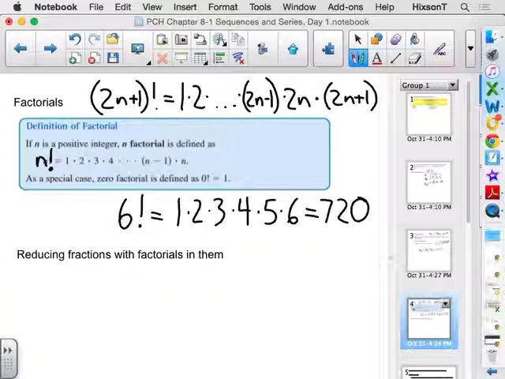Yes? I'm sorry, can you explain that again, like the exclamation point with the n? Like, I don't get what you just did, like up there. Since we don't know what this value is, we know we have to multiply everything up to it. So we start at 1, 2, and so on. And then these are integers.